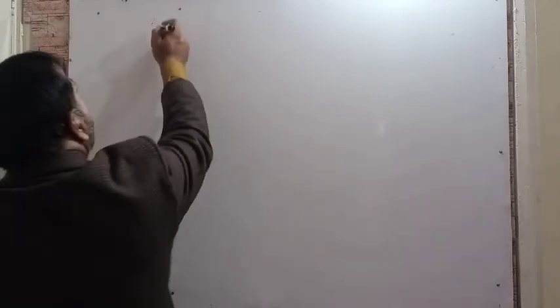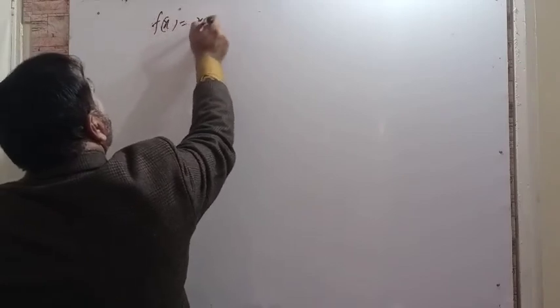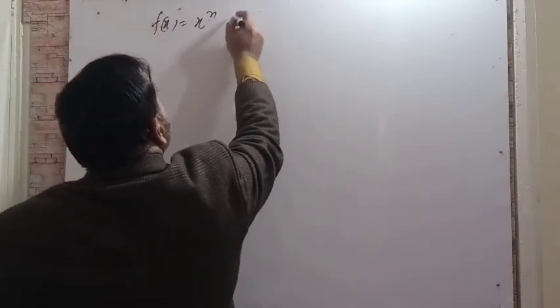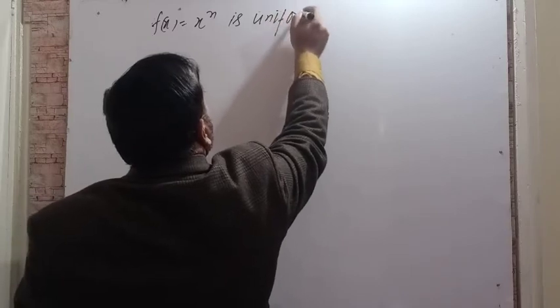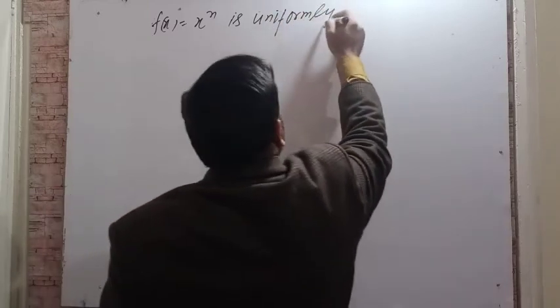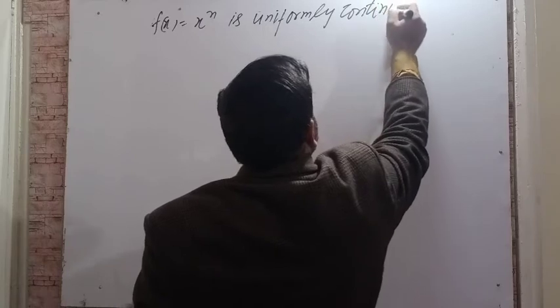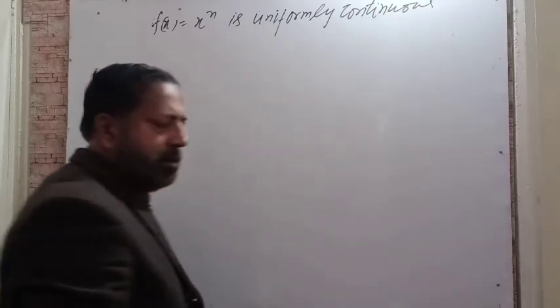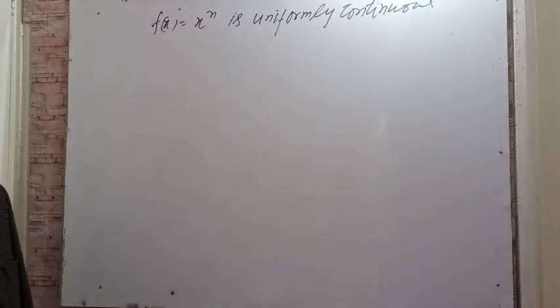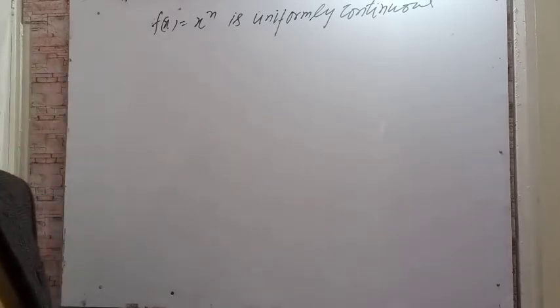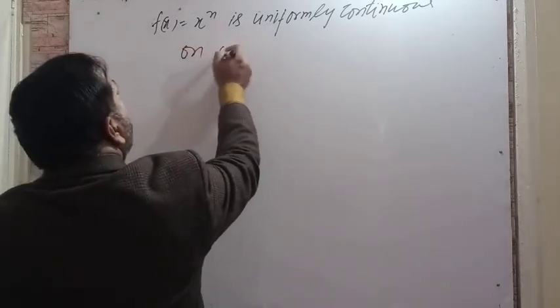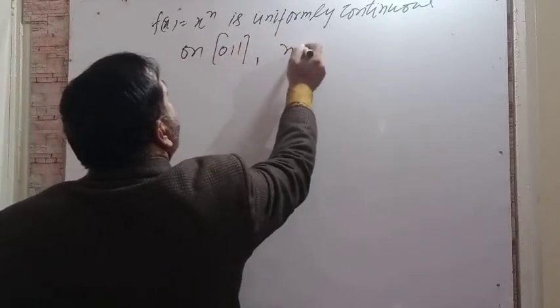So let's write another example. We have f(x) = x^n, which is uniformly continuous on the closed interval [0, 1], where n is greater than or equal to 0.